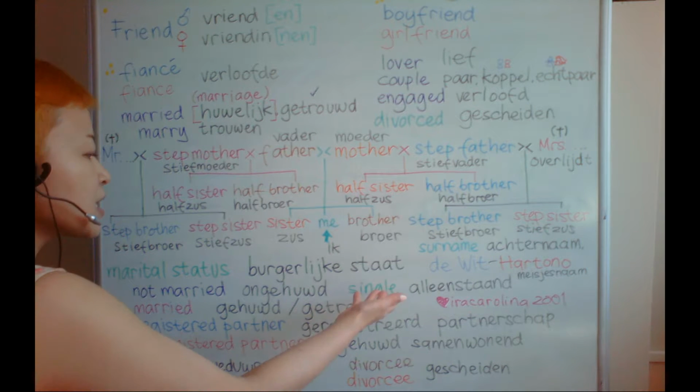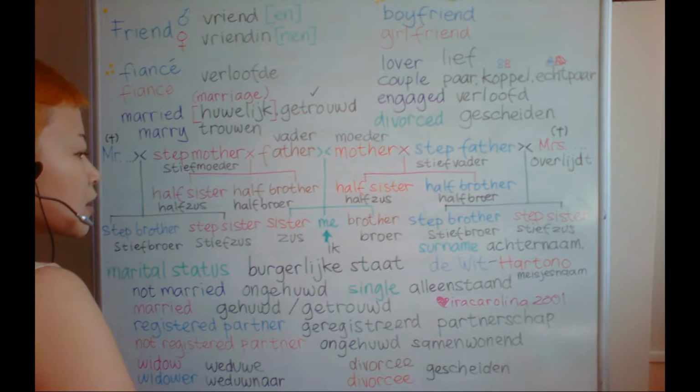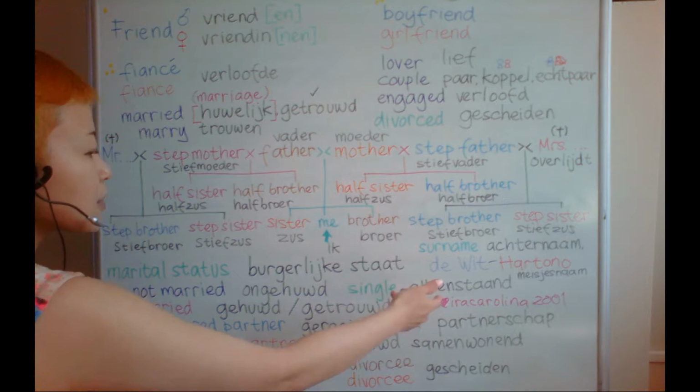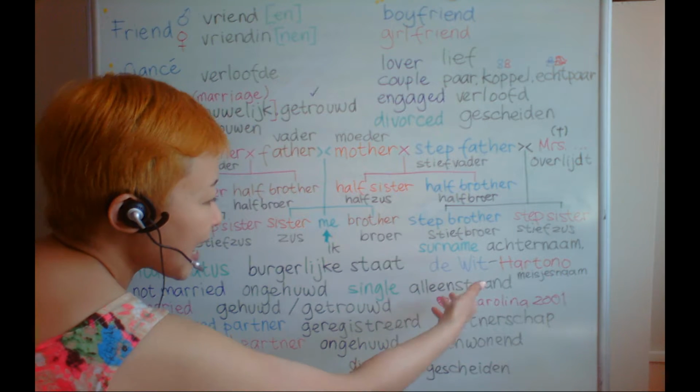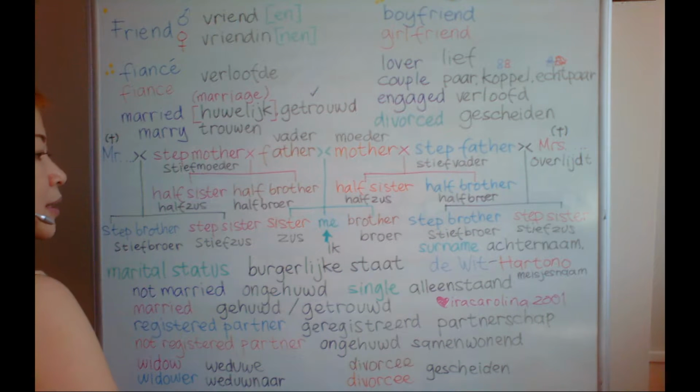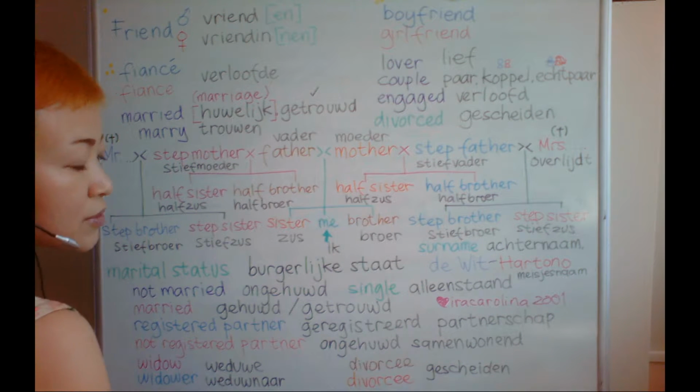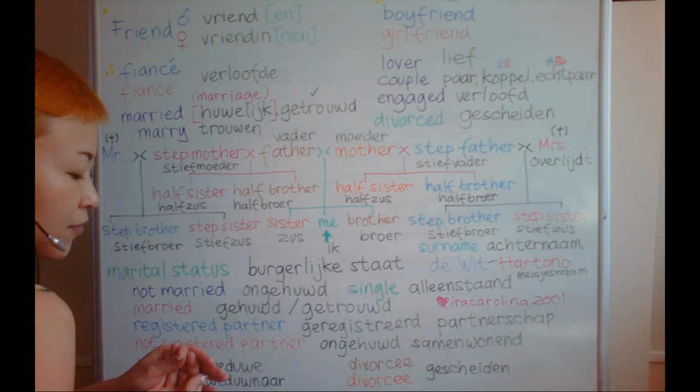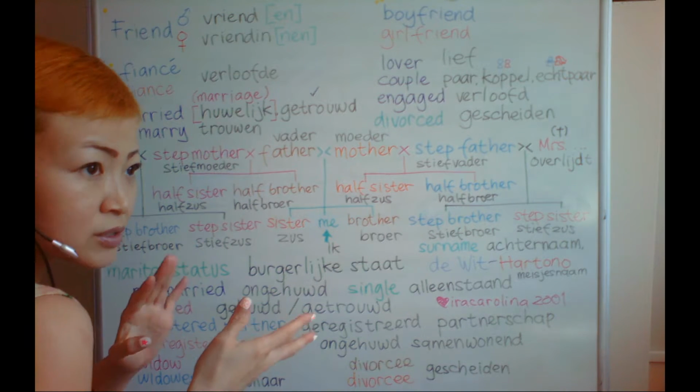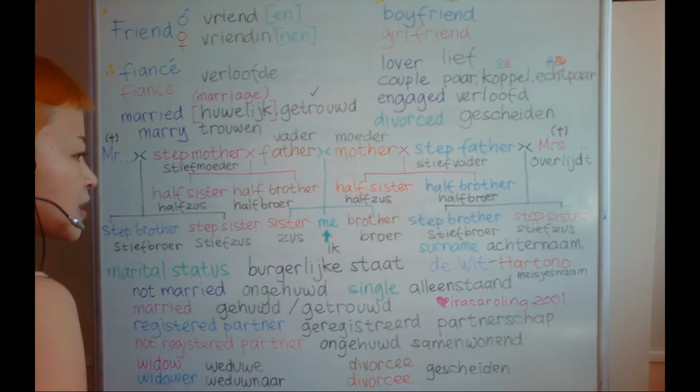But if you say single, it also means, especially with this one, alleen staan. It doesn't mean you never married before or you were never in some registered relationship or living together.